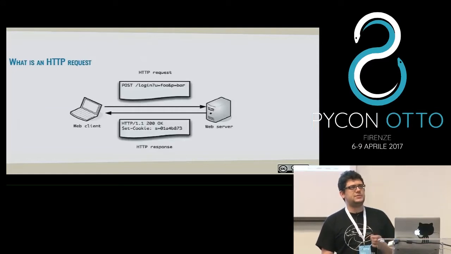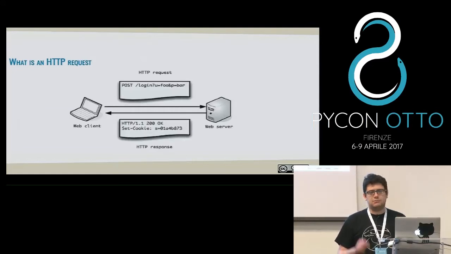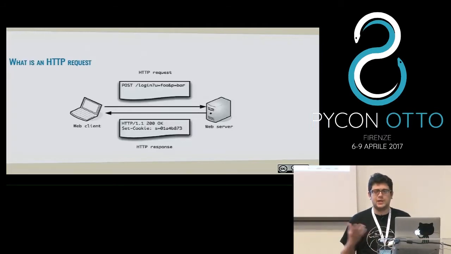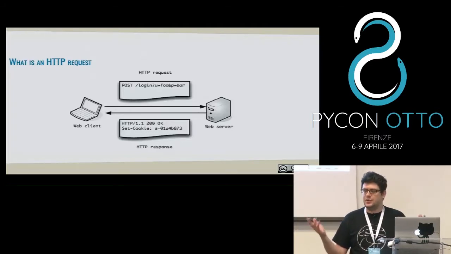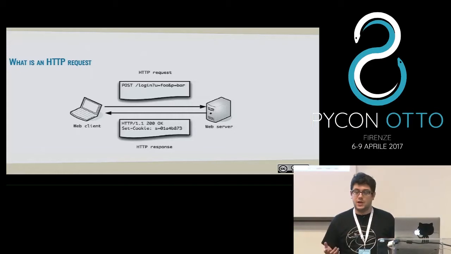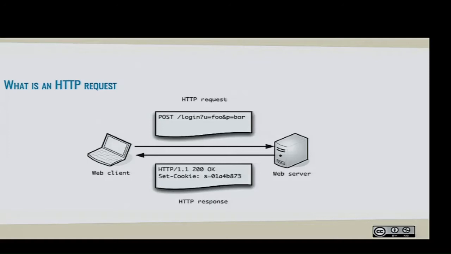Well, but let's start talking about the library itself. Before digging into the explanation of the library, a very brief introduction about what is an HTTP request. In case there is some developer here who has not worked with web development, let's explain what it is. An HTTP request is basically when you want to interact through an action with a remote service.